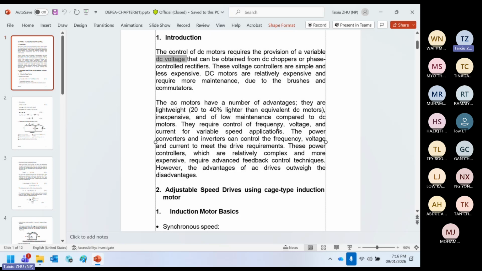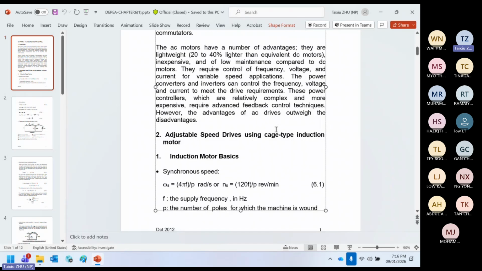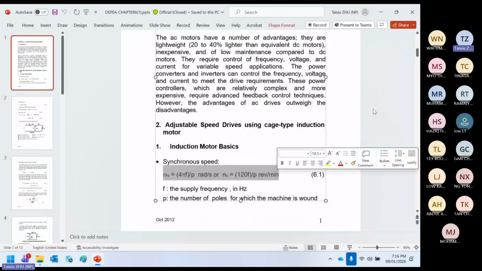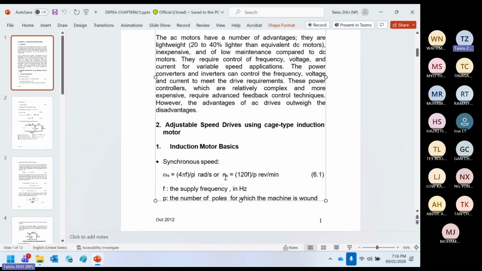When we study the induction motor, the first concept is synchronous speed. Synchronous speed means the rotating magnetic field speed. This one is a little bit harder and abstract because it is the first time learning AC motor concepts. How fast the motor rotates depends on the synchronous speed.